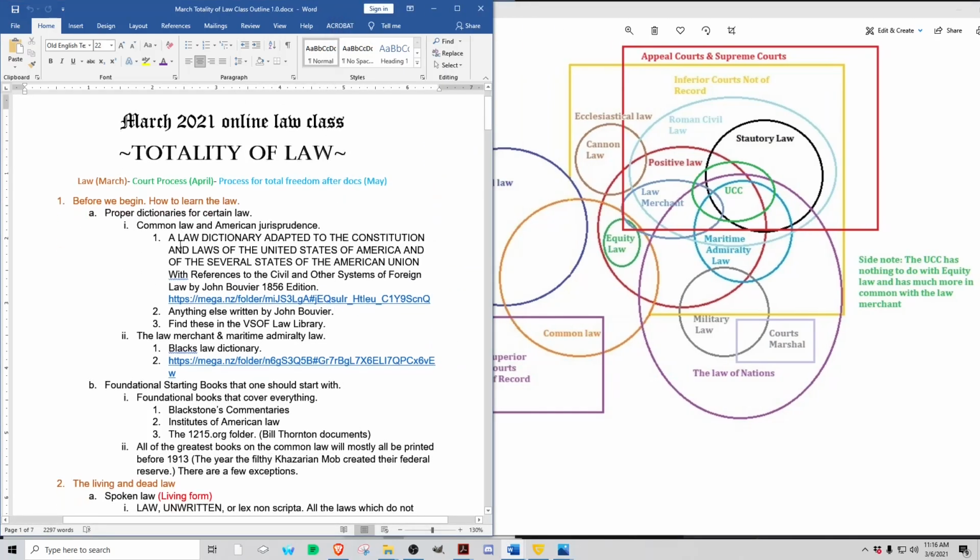Okay, so before we begin, the aspects of how to learn the law is something that has taken me a long time to figure out. 25 years. And probably the first 15 of those years I was fumbling around, not being absolutely sure what I should be looking for, or even when sometimes I did come across something, I wasn't even sure how to categorize it.